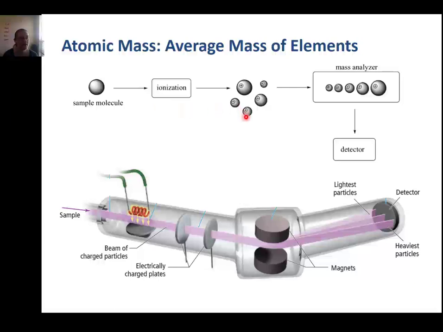The charged ions are then accelerated through some electrically charged plates and deflected using a magnet so that the ions separate based on their mass. These different particles are then detected, and the number of each mass that hits the detector is counted. This results in a spectrum, such as what is shown in the previous slide.